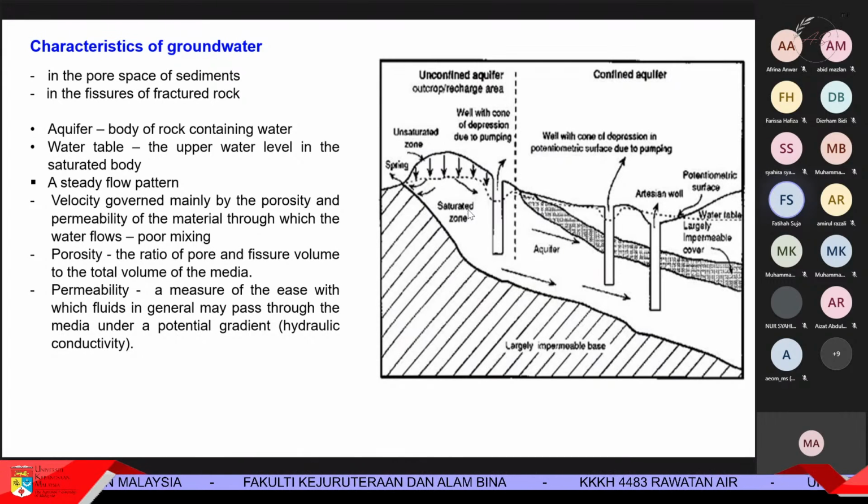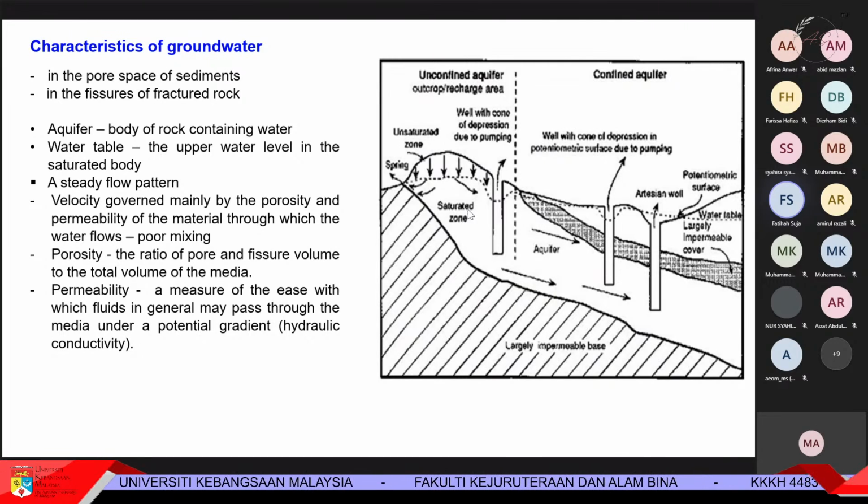So you can see that confined aquifers are less vulnerable than unconfined aquifers to pollution outside the recharge zone, because surface water and contaminants cannot percolate to the water table.